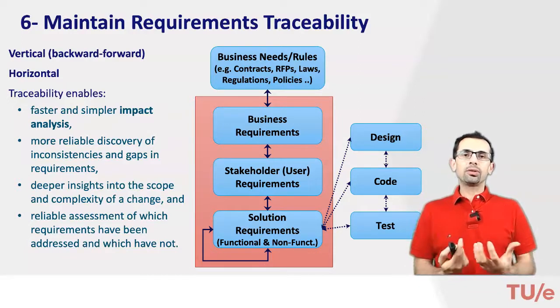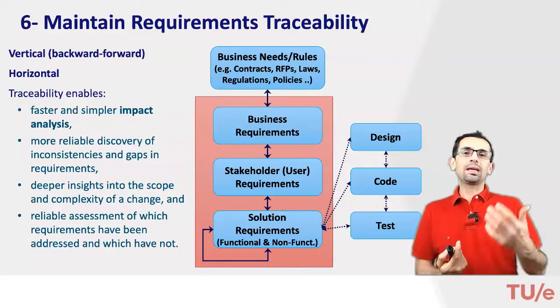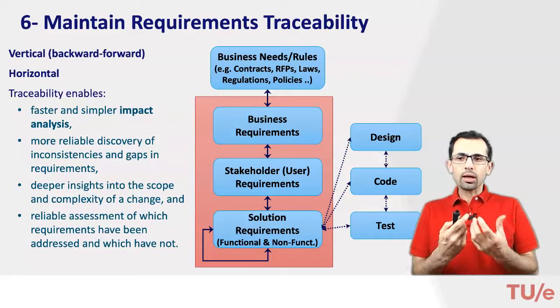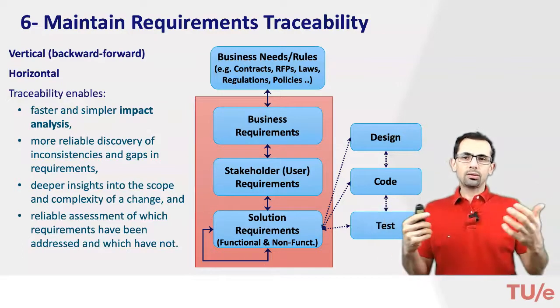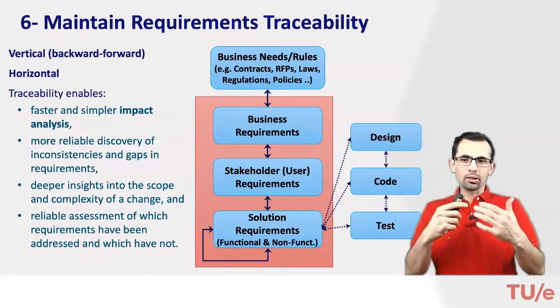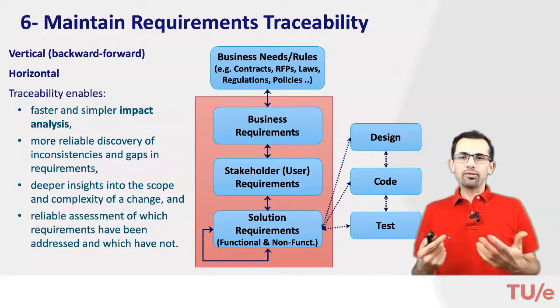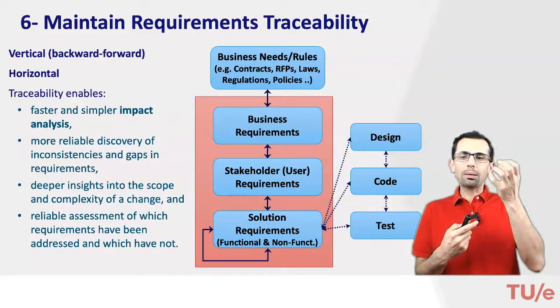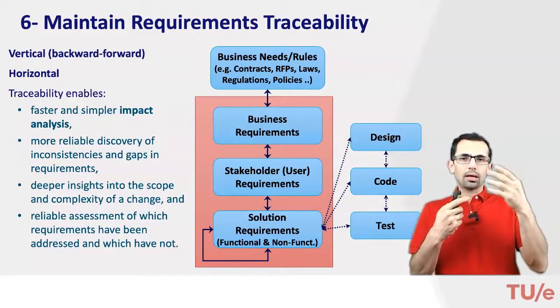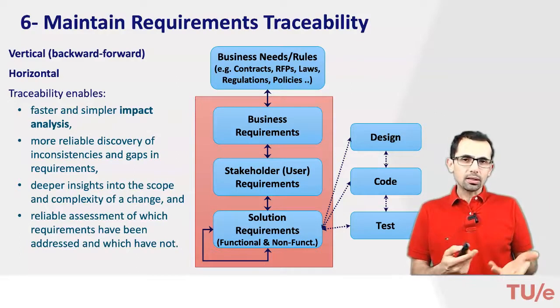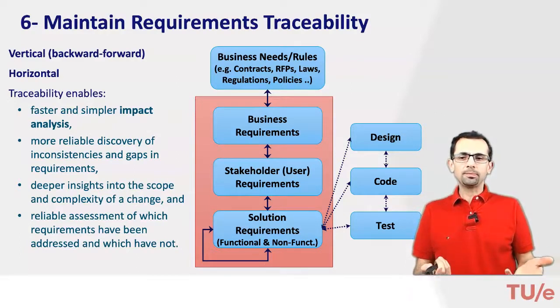If you're defining your solution requirements and linking them, you should make sure that all stakeholder requirements that you have defined at a higher level are met by the solution requirements. If there is a user requirement that's hanging without any link to any solution requirement, then there's something missing there.